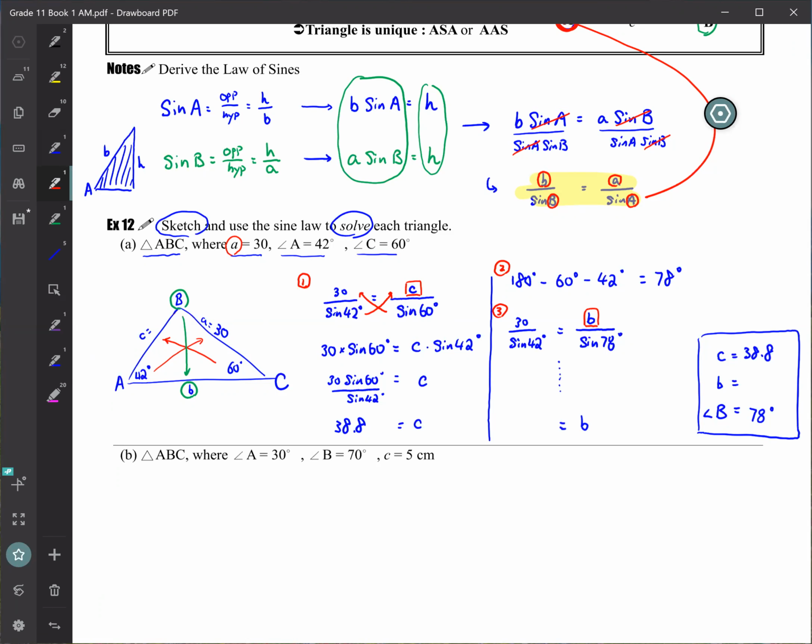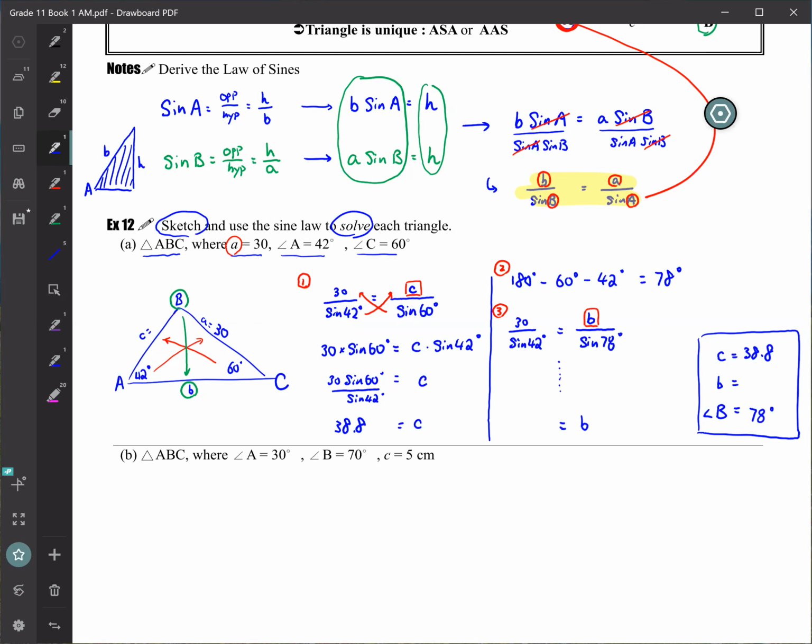What if I get a negative number? That means you typed something wrong, right? It shouldn't be negative. Because you type in 30 times sine 78 divided by sine 42, right? And make sure it's all in degree. You have negative, you sure? Let me just try that again.